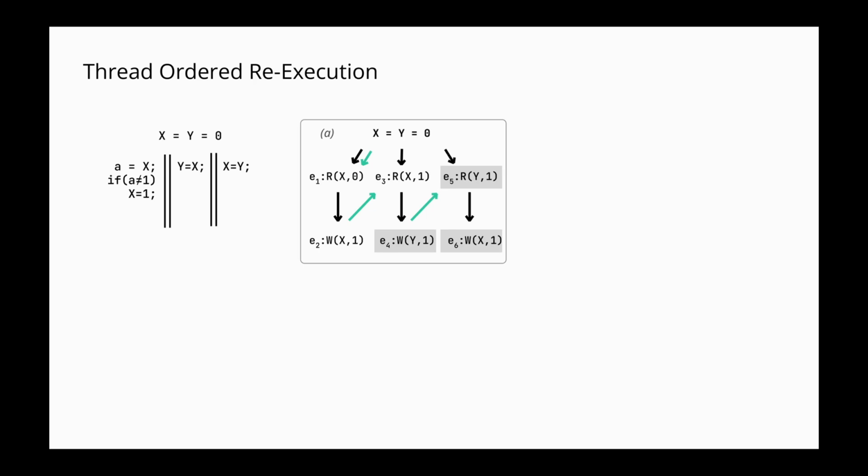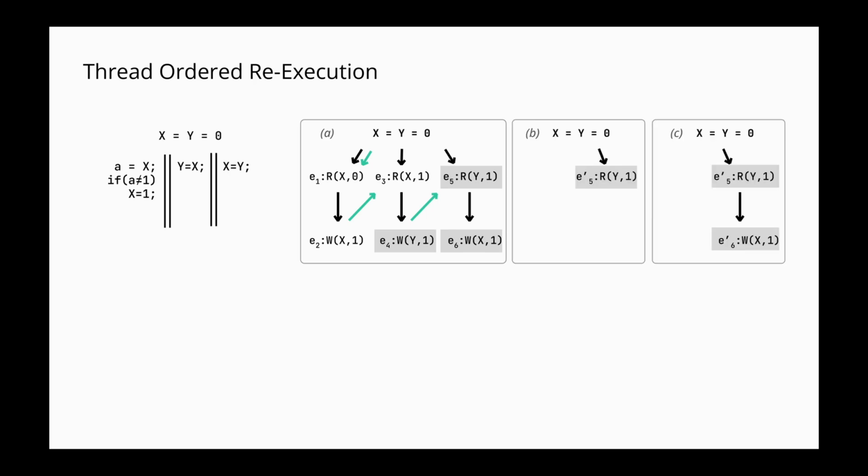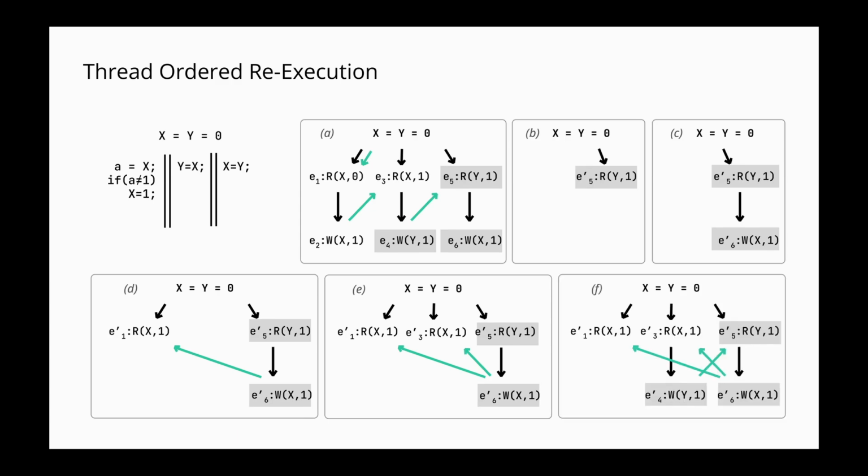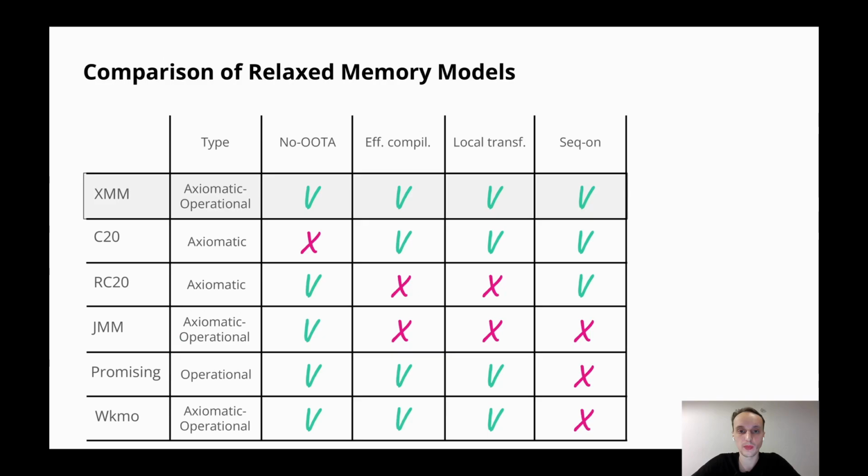It then commits events E4, E5, and E6. After this, it re-executes the program, constructing another graph. Construction starts by adding events E5 and E6 prime, and then it proceeds to re-executing first and second thread one by one, in accordance with the thread sequentialization ordering. So in this way, XMM supports the thread sequentialization transformation.